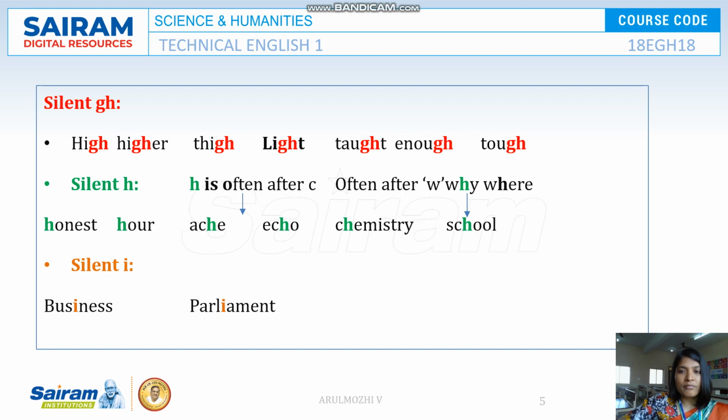It is also silent after W, like why and where. And it also occurs in the beginning, like honest. It begins with a vowel sound, and in the next one as well, hour.